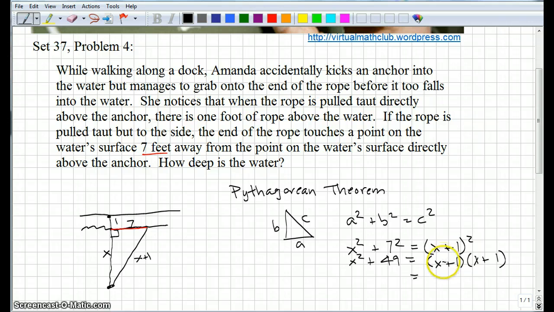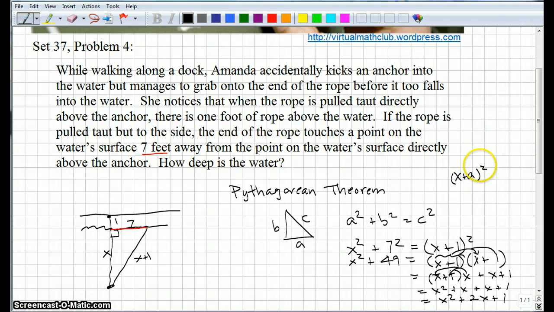So you would take the x plus 1, this whole thing, times x, and then times 1. So you end up with x squared plus x plus x plus 1, which is equal to x squared plus 2x plus 1.